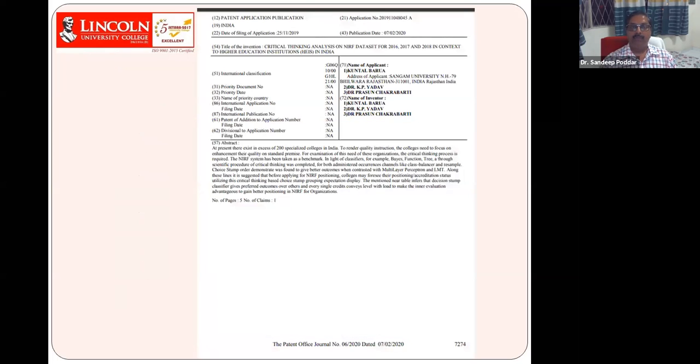So suppose after a patent is filed, after 18 months, it is published. Like this, a patent was filed by one of our friends, and it is published in the Indian patent office. Same, my one is also there.